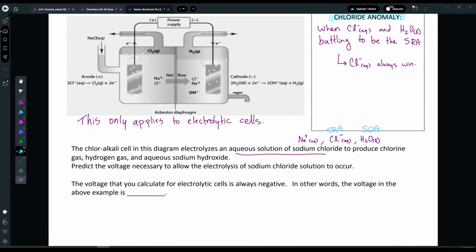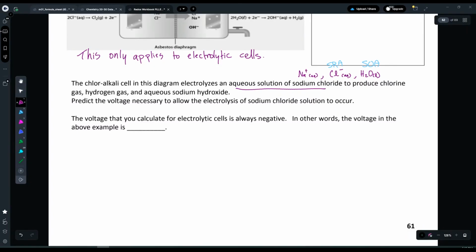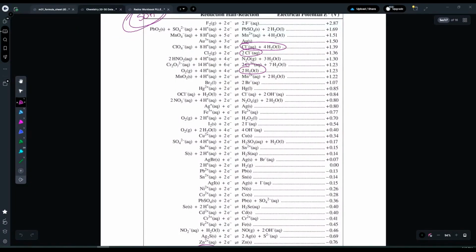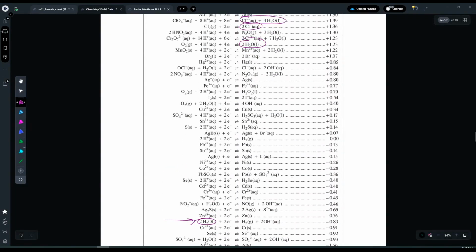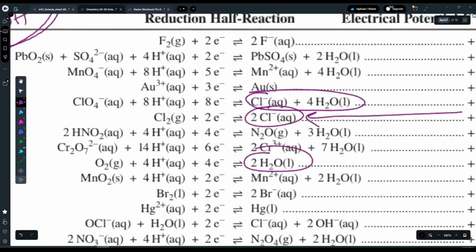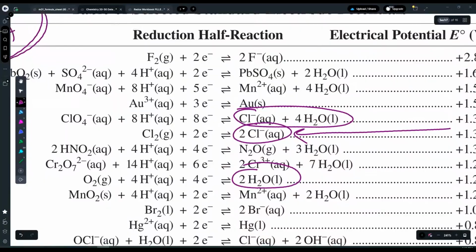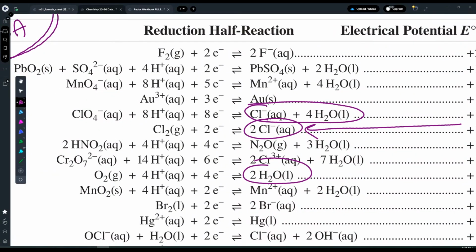All right, so we're asked to predict the voltage necessary to allow the electrolysis of sodium chloride solution to occur. Okay, so let's write out our reactions again. For our SOA, this is the reaction that we're going to use, writing it from left to right. And then for the SRA, this reaction up here with the chloride ions, that's what we're going to be using, writing it from right to left.